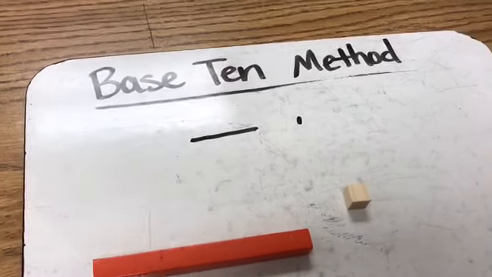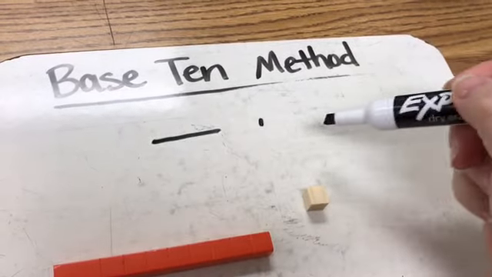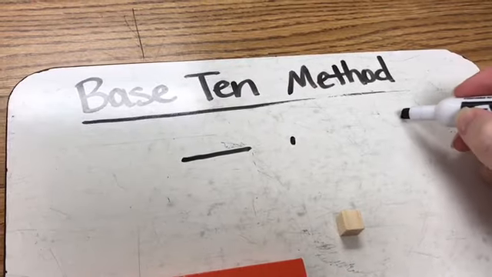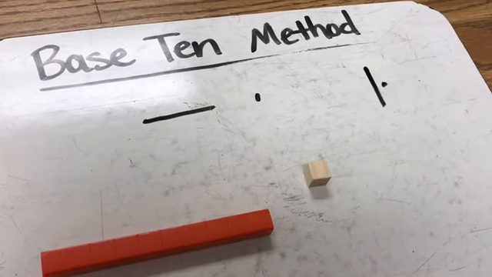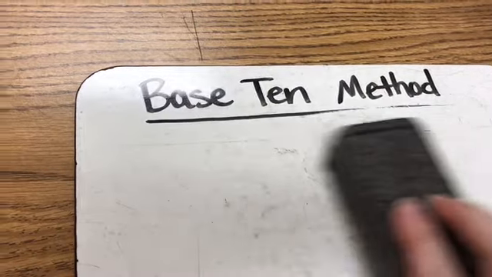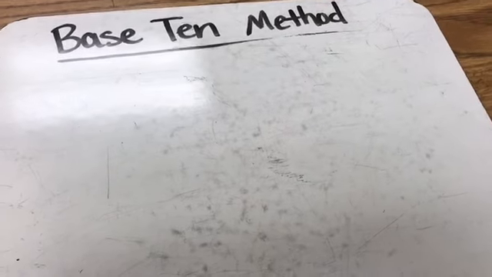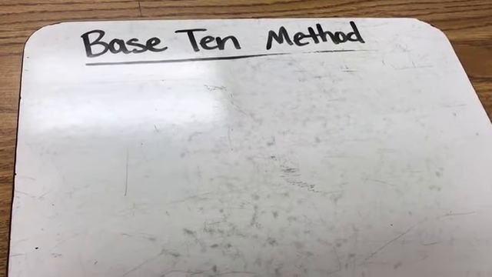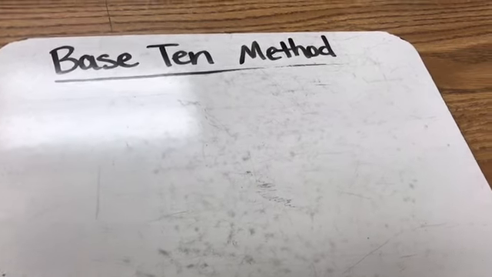Sometimes when you're working with larger numbers, it might be helpful, instead of drawing them horizontally, to draw them vertically like this. So really, whichever way works best for you, you can decide. Okay, so now let's solve a little bit more challenging problem, but this time we're going to use our symbols instead of actually using our blocks.